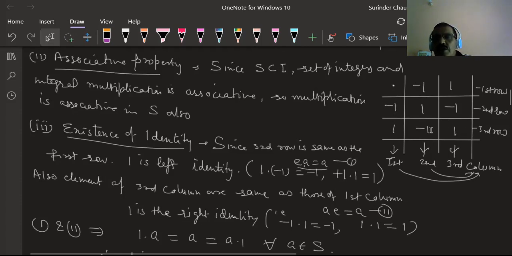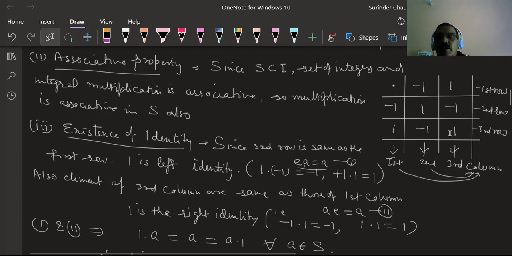Similarly, 1 is here. This will act as a left inverse of this element, and this will act as a right inverse of this. The product of this and this is equal to 1. So a into b is equal to 1, and b into a is equal to 1. In the first column, the same column in which the identity element lies, the extreme left element will act as the left inverse of the top element.